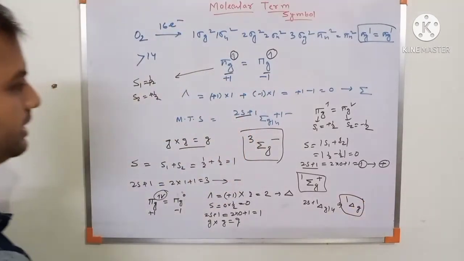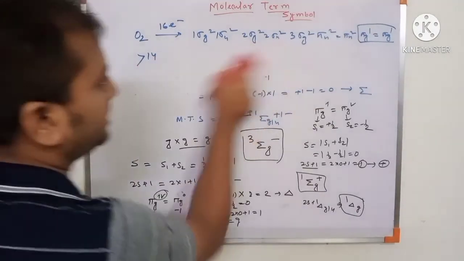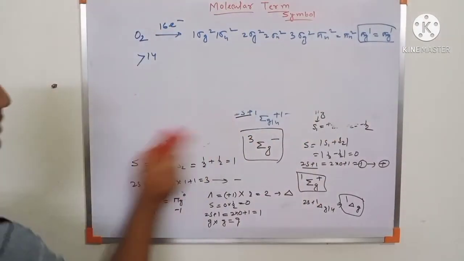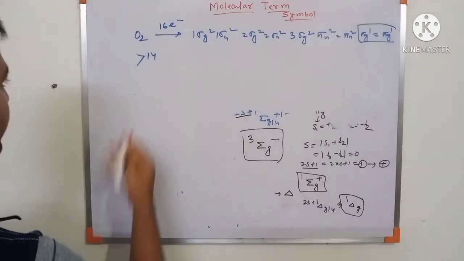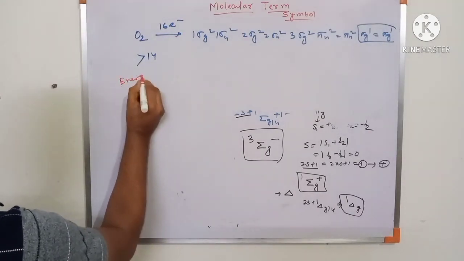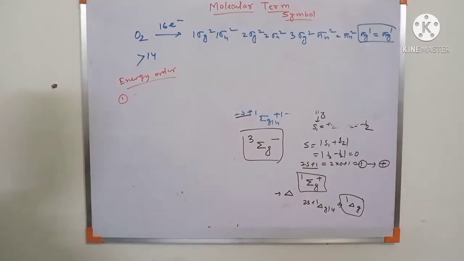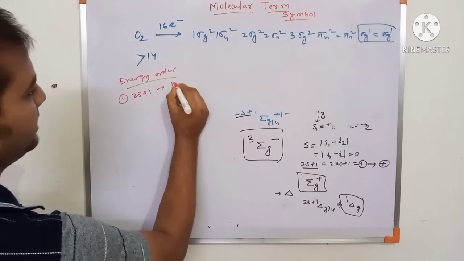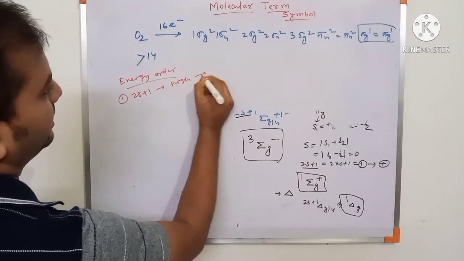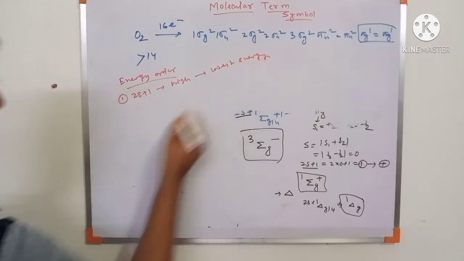So 3 terms I will draw. And energy order of these 3 terms. First, we check 2S plus 1 value. If 2S plus 1 value is high, then this is lowest energy or ground state energy.